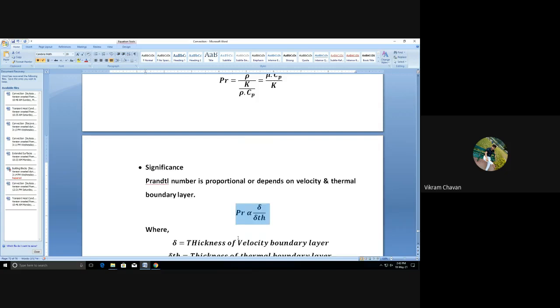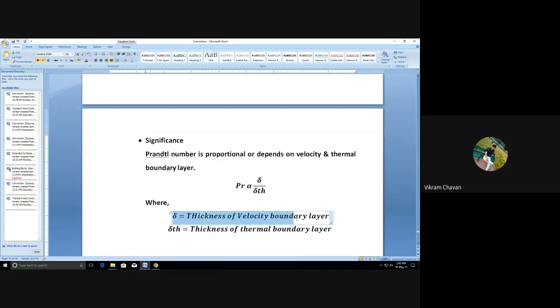Okay, so what is meant by delta? Thickness of the velocity boundary layer. And delta th is the thickness of the thermal boundary layer.